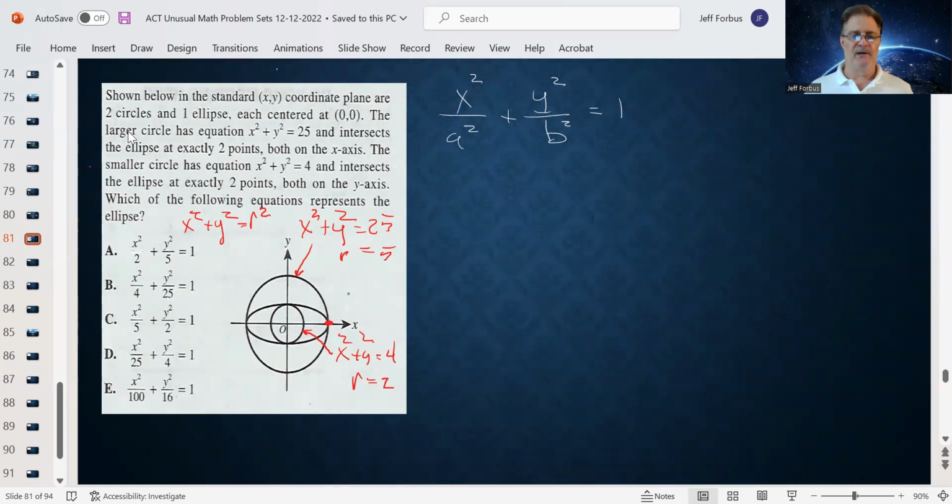This point right here we call A. This point right here we call negative A. The ellipse is elongated around the x-axis. If it was elongated around the y-axis, we would still call those A and negative A. Now the width of the ellipse occurs right here with the y-axis. That's B. And then down here, it's going to be a negative B.